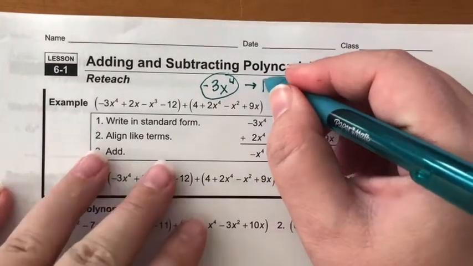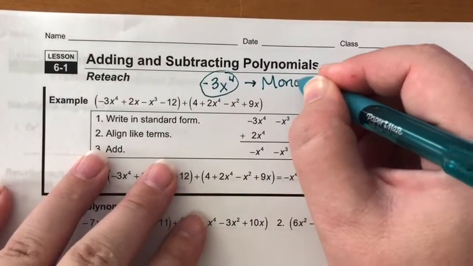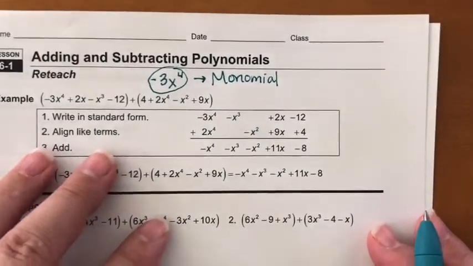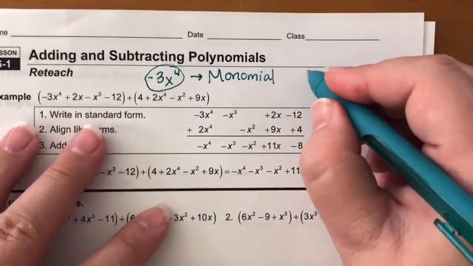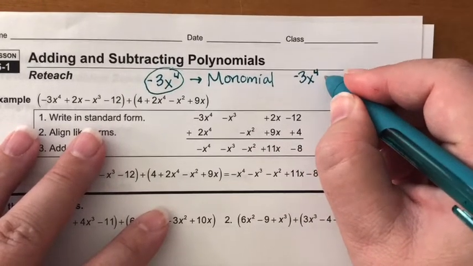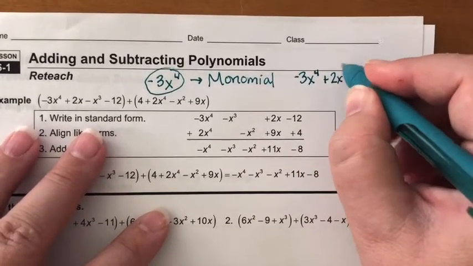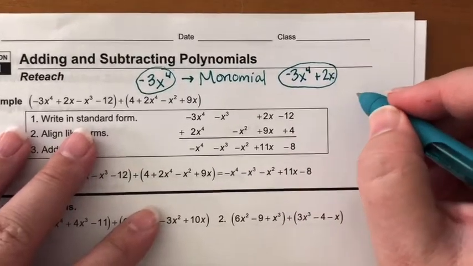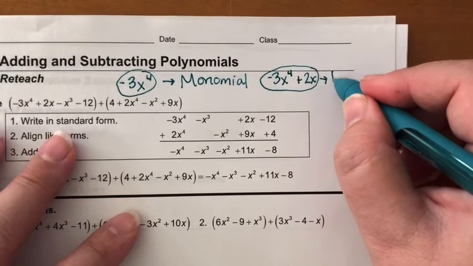Meaning there's one thing. If we had two things with it, if we had negative 3x to the fourth plus 2x, so two monomials, that would be a binomial.